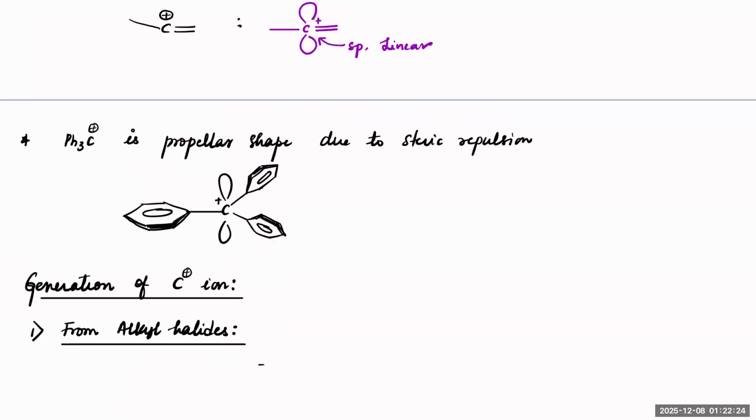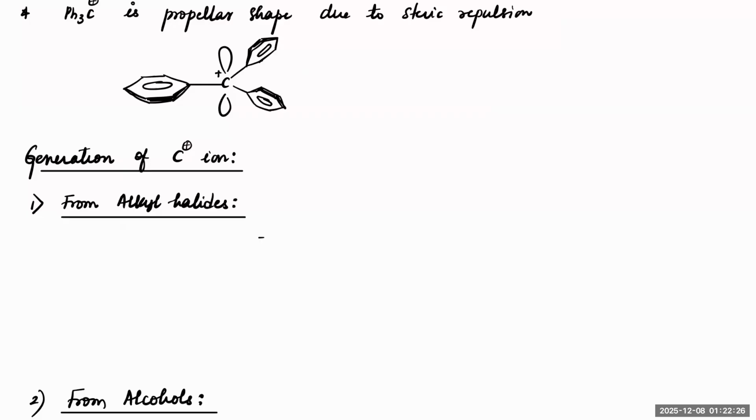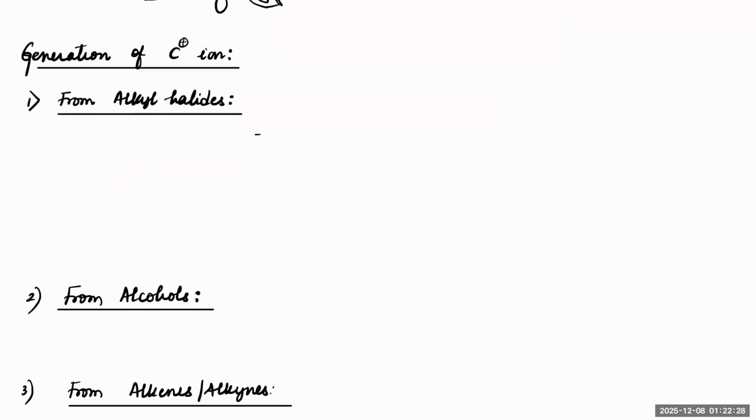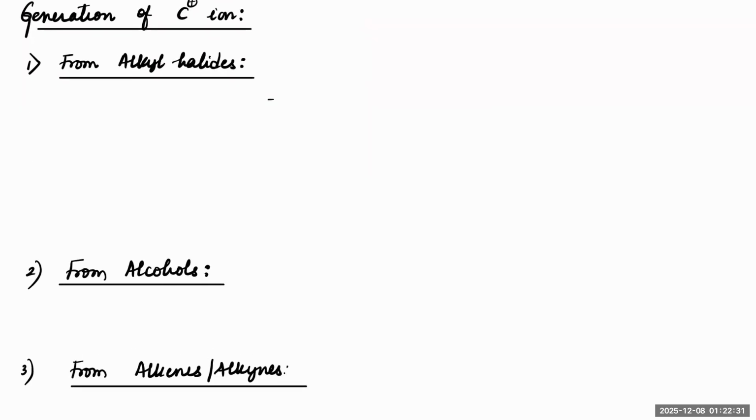Right. The next point we need to emphasize about carbocation is how do we generate it? Carbocations are usually observed from alkyl halides, like RCl. When you make them react with something like AlCl3, AlCl3 is used here as a Lewis acid.